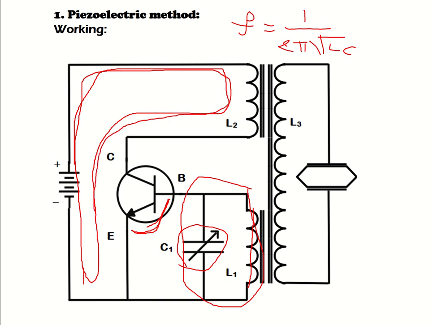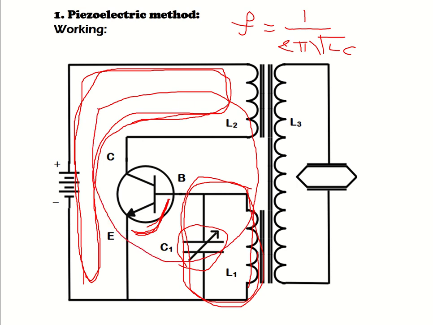The amplified signal traveling through the L2 coil again creates induction into the L1 coil, and this tank circuit will oscillate with larger amplitude. The larger amplitude signal is fed to the base emitter junction and gets amplified again, so a continuous feedback amplification is taking place.